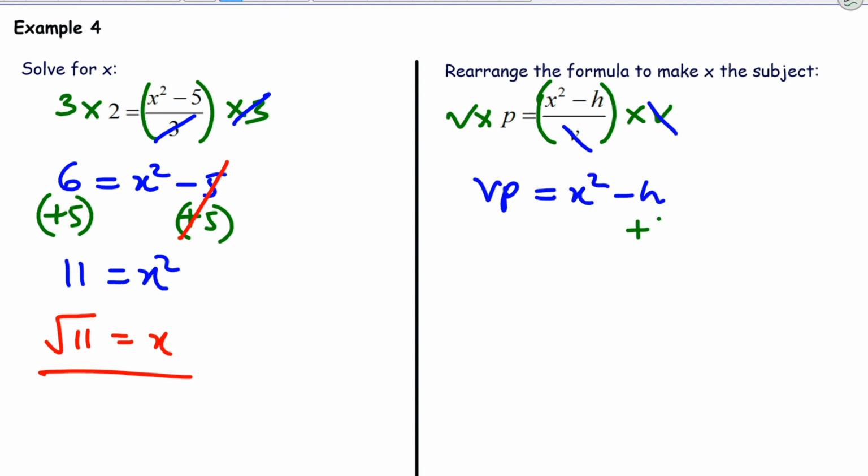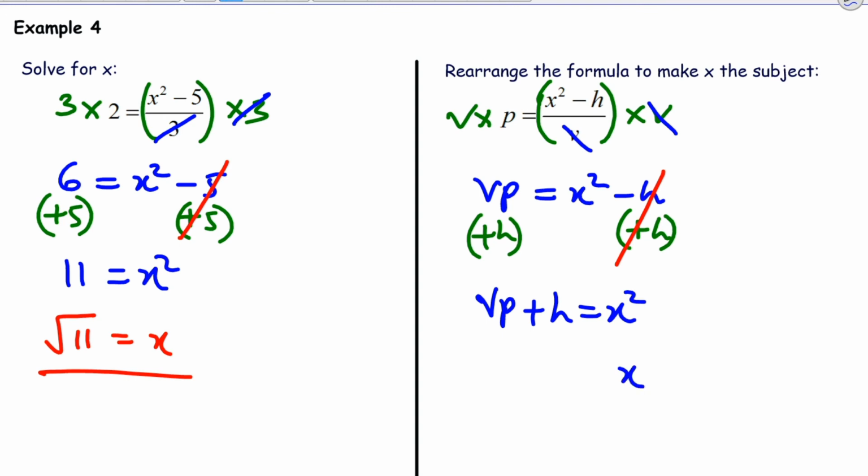Add h to each side. Negative h plus h will be equal to 0. So we are left with vp plus h is equal to x squared, which means that x will be equal to the square root of vp plus h.